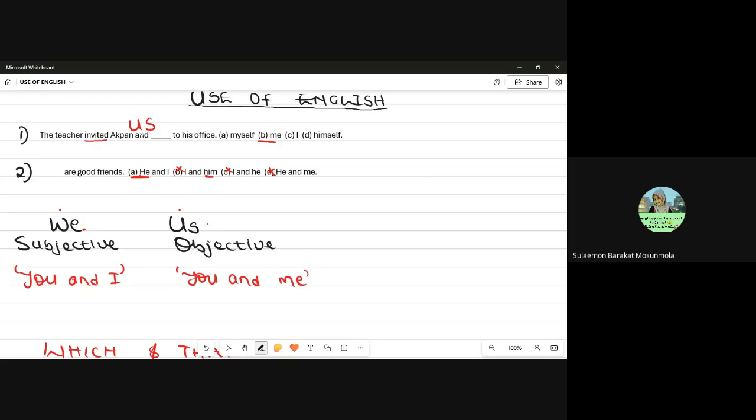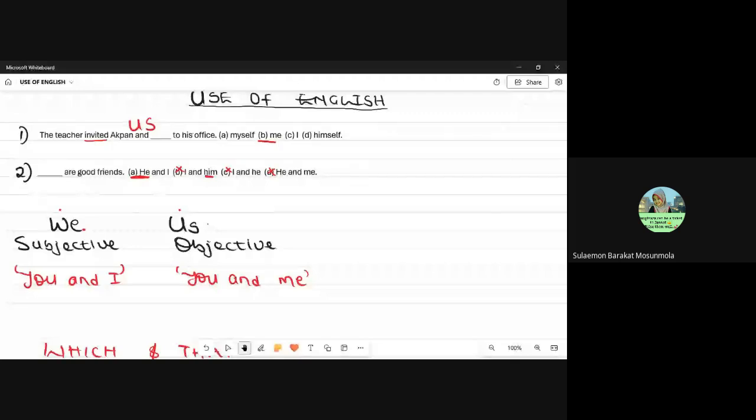It is not Akpan and I. I is in the subjective form. Object is the receiver of the action. So Akpan and me are the ones receiving the action. And "himself" also will not be used because it is a reflexive pronoun. When you talk about a reflexive pronoun, the subject is also the same thing as the object. But here in this sentence, the subject is not the same as the object. So reflexive pronoun is a no, no, no.